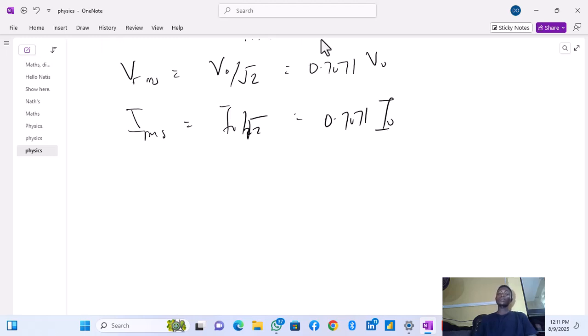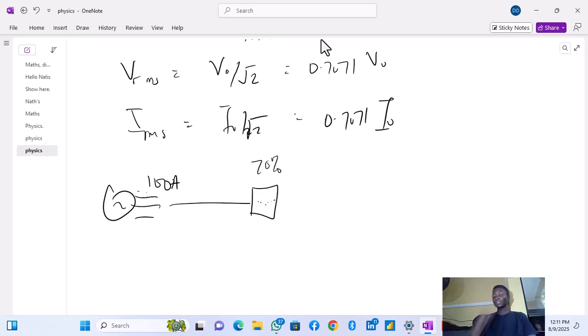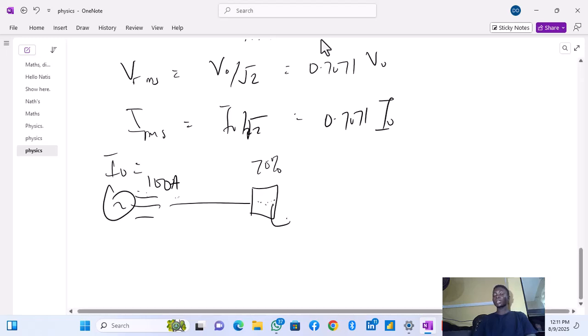This formula shows us that if the current coming from the mains is 100 amperes, the current that will eventually reach this load or this resistor is 70% of the current coming from the mains. So that means if my peak current coming from the mains is 100 amperes, it shows me that just 70 amperes has a heating effect in this resistor. Do you get that now?